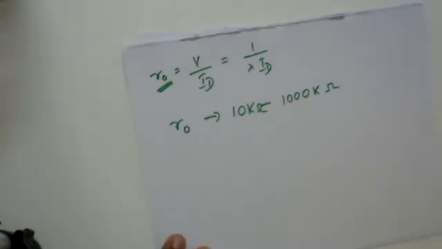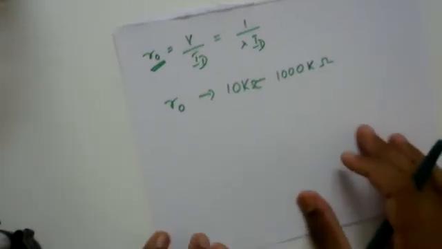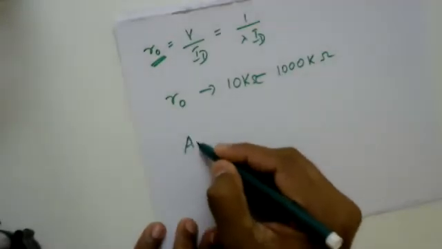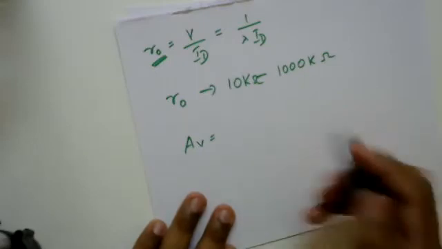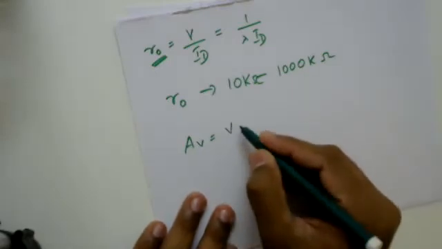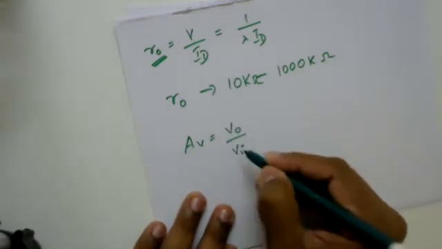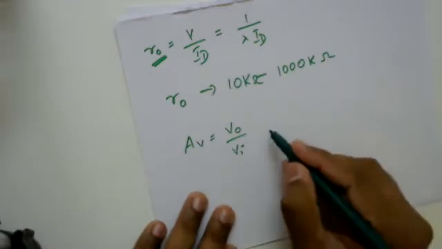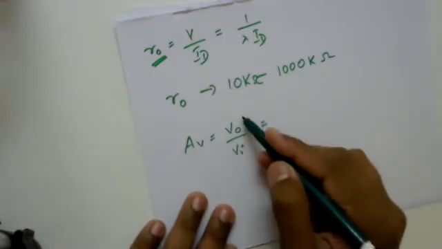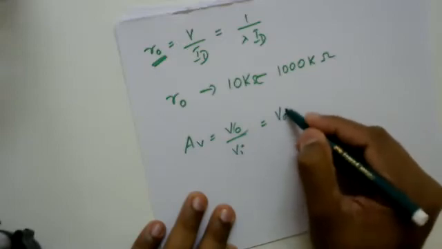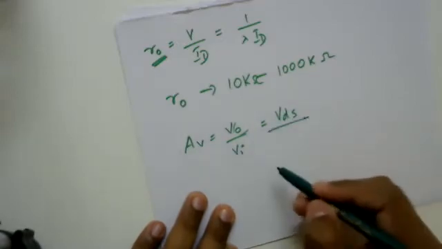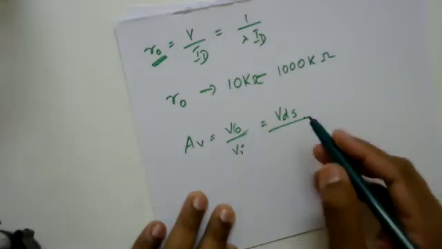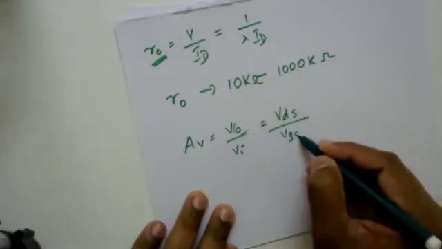As I know, the voltage gain for the circuit is given by AV, which is nothing but the output voltage to the input voltage. My output voltage is VDS, the voltage between the drain and the source, and VI is the input voltage, which is the voltage between gate and source.